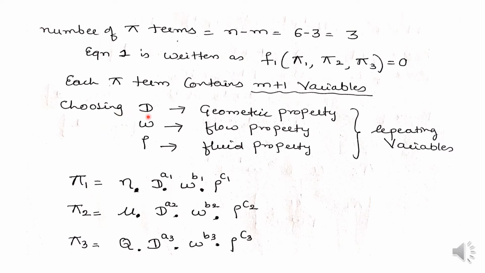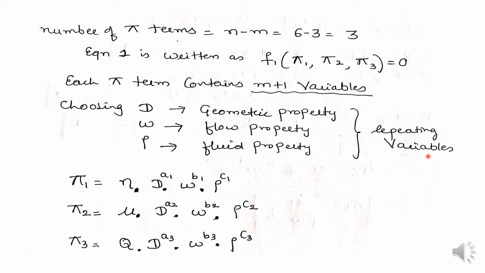We have already studied in the previous class, as per the rules of the Buckingham theorem, how to select the repeating variables. We have to select the repeating variables only from the independent variables, and they should not form a dimensionless group.